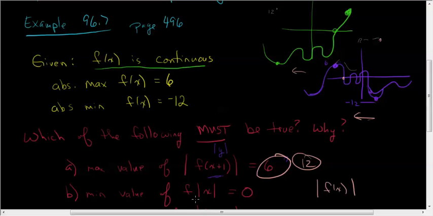Well, so the minimum value of f of the absolute value of x, if I make the absolute value of the x's, all I'm doing is mimicking, right? Everything where x is negative no longer exists, and I have to mimic it this way on this side. Give me a pen.